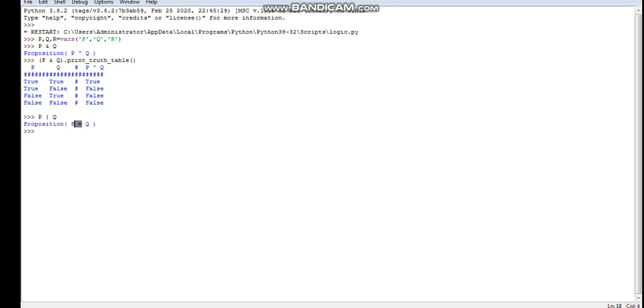This operator is the original operator for OR. Let's print the truth table for this. This is the truth table for P or Q. The AND operator gives true as an output when both the inputs are true, and the OR operator gives true as an output when one of the inputs is true.